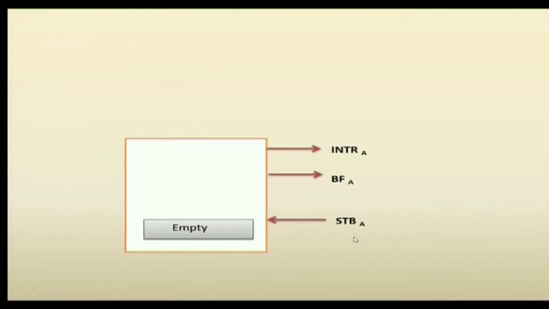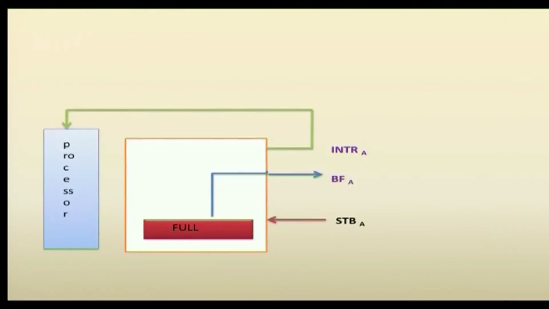So, when the buffer is empty and the stop is enabled, it starts filling the buffer. Once the buffer is filled, it will enable the buffer full signal. When the buffer is full, it represents to stop sending the data, and it also activates the INTR signal, the interrupt request signal.